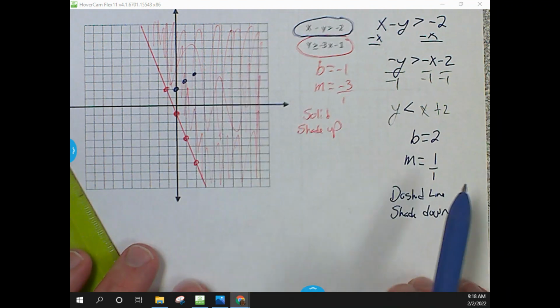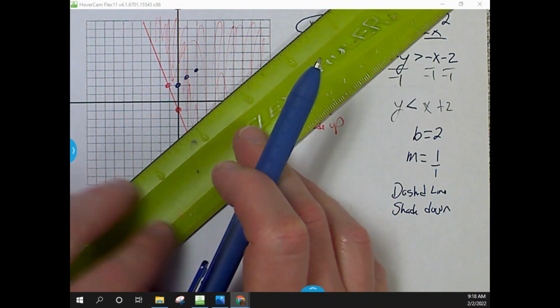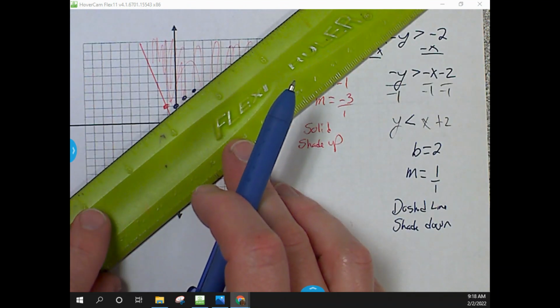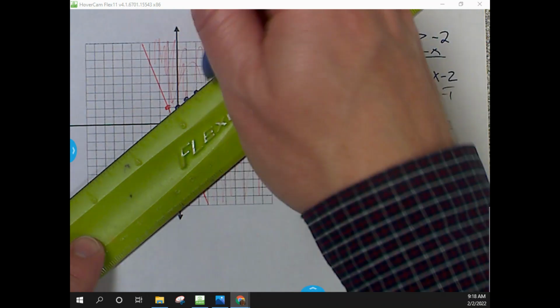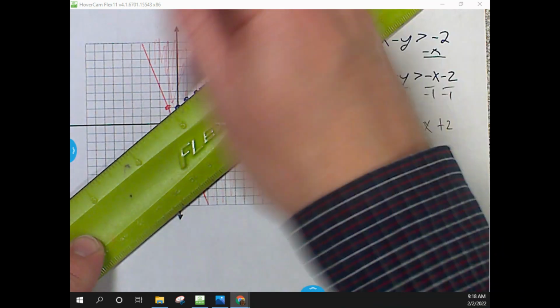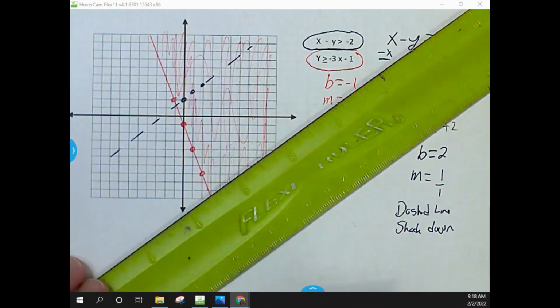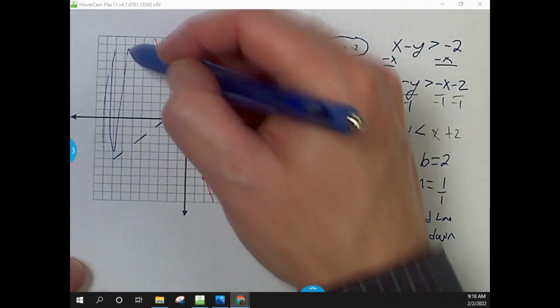And again, that's a dashed line, so when we draw it, got to make it dashed. All right, so we dashed the line, and we got to shade on the upside, so that's everything over here.